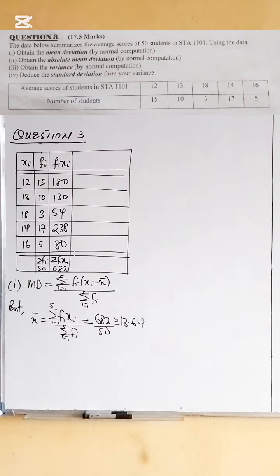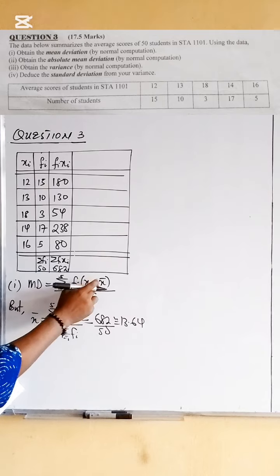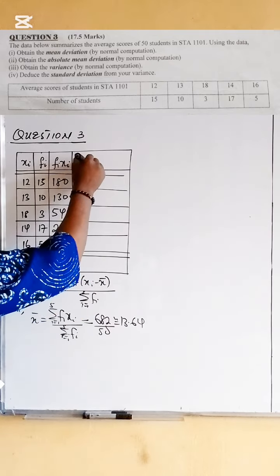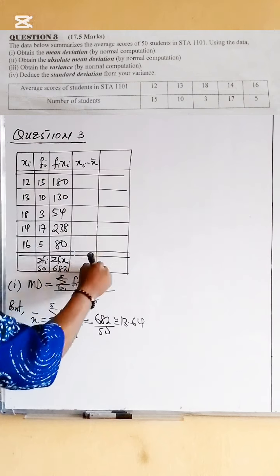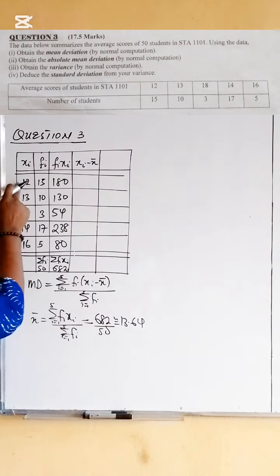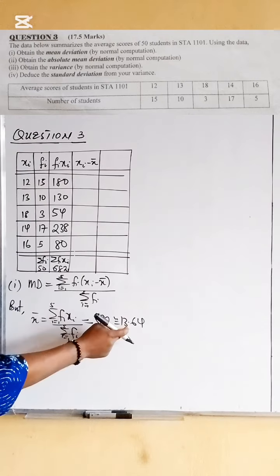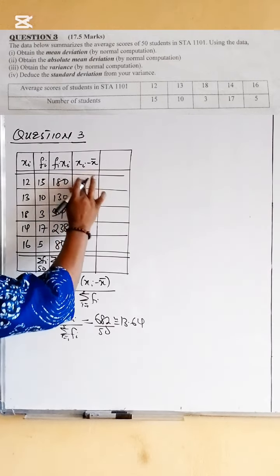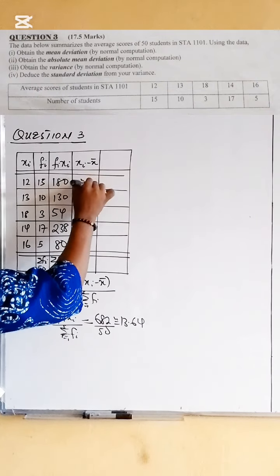Now that you've gotten your mean, the next thing you are going to do will be to compute xi minus x bar as you found it in the formula. So I'm going to create a column for xi minus x bar first of all. So xi minus x bar means 12, your xi, minus your mean 13.64. What would that give us? Minus 1.64.